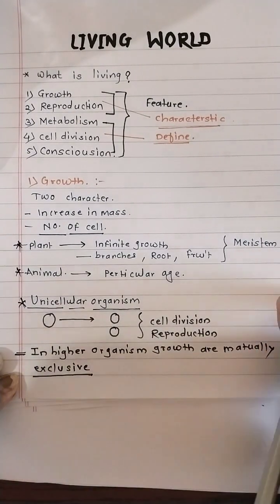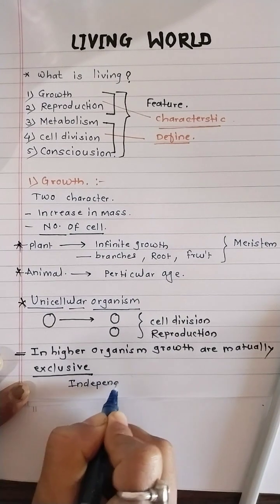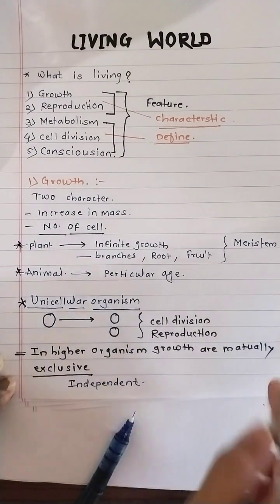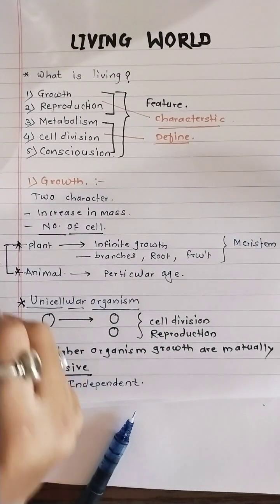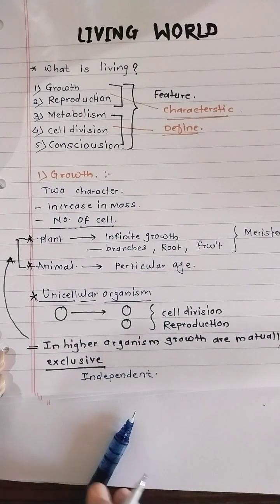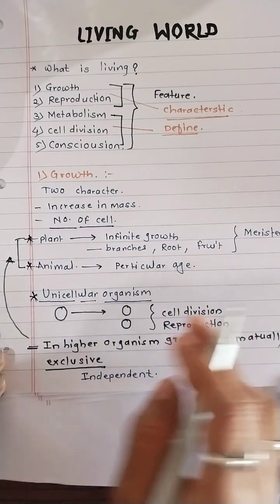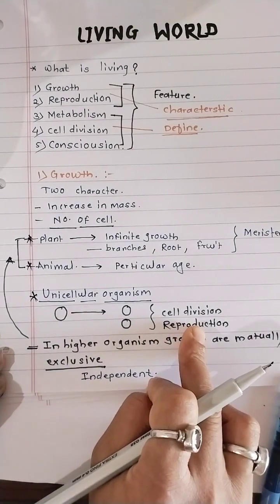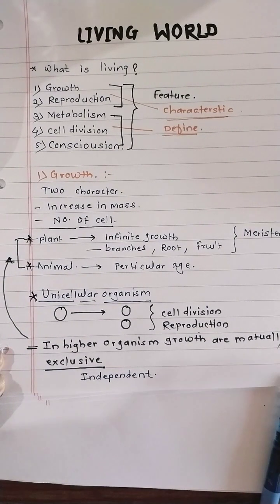Exclusive means independent. In higher organisms, growth means only an increase in number and size, but it is not considered reproduction. It is only the growth factor. But in unicellular organisms, growth represents growth as well as reproduction.